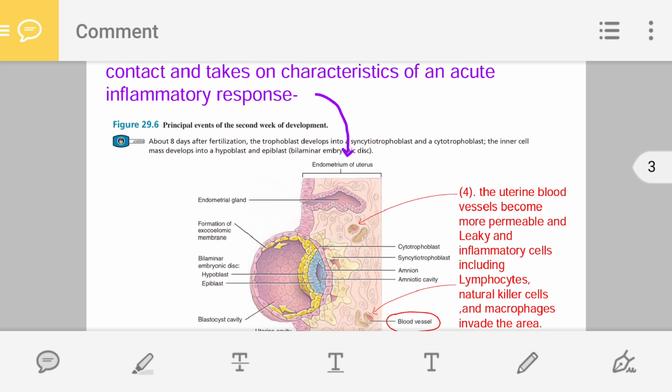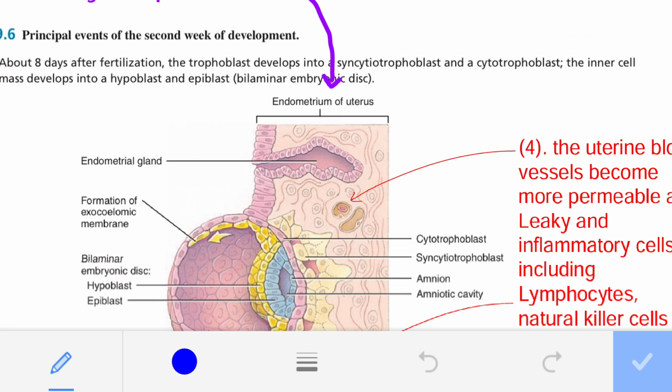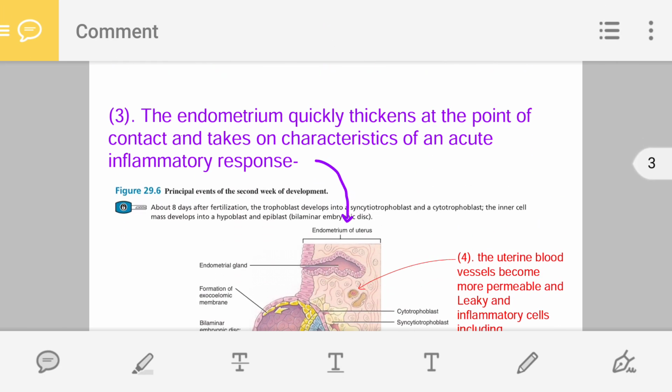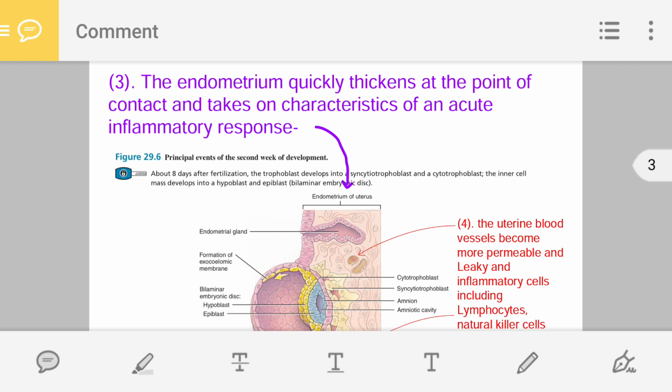So we can say, in other words, the endometrium is proliferating, it is swelling, it is increasing in size. So this is the third point, that the endometrium is quickly thickening and showing the acute inflammatory response.